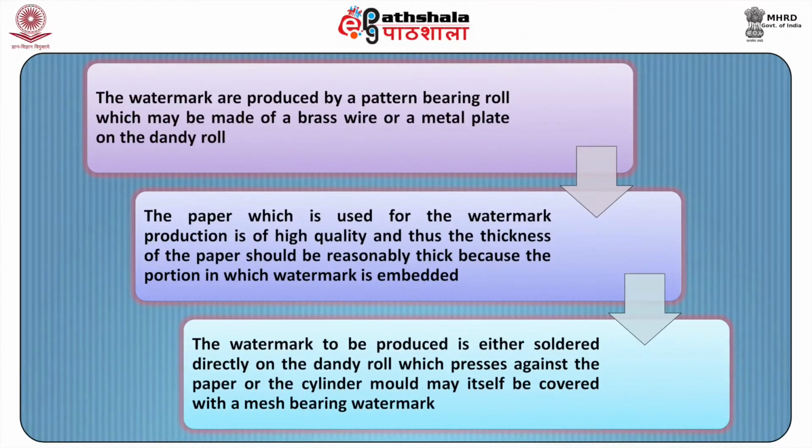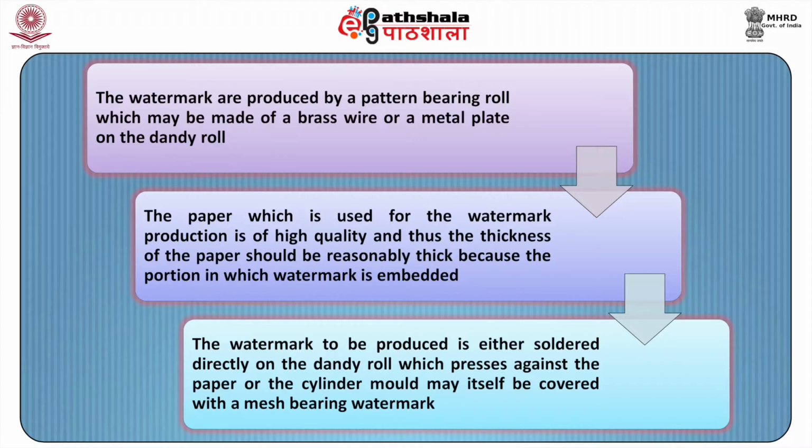First, the watermarks are produced by a pattern bearing roll, which may be made of brass wire or a metal plate on the dandy roll. Second, the paper used for watermark production is of high quality, and the paper should be reasonably thick, because the portion in which the watermark is embedded becomes thin.